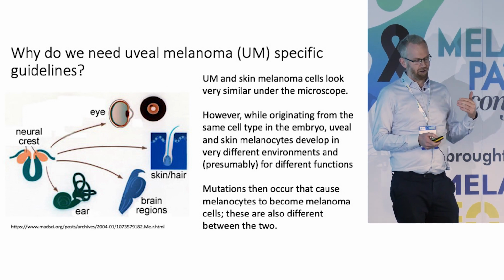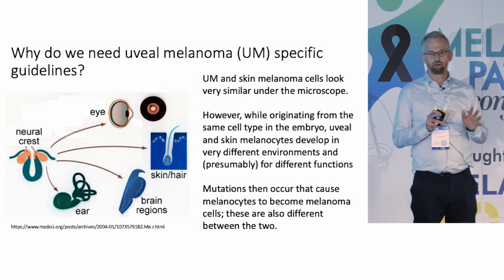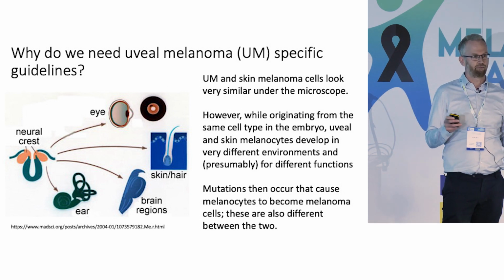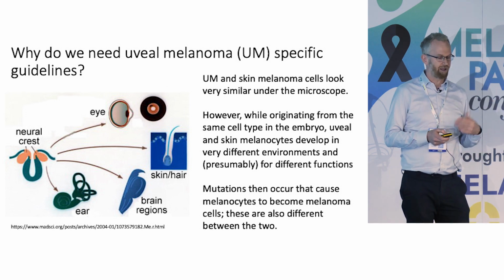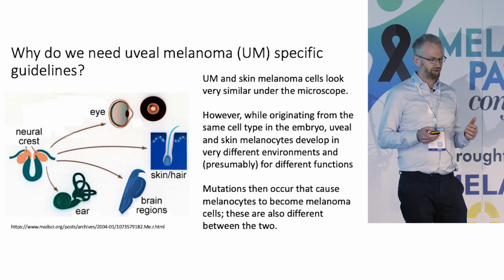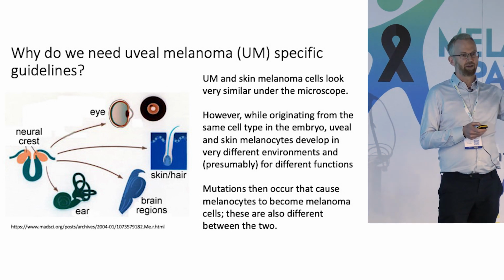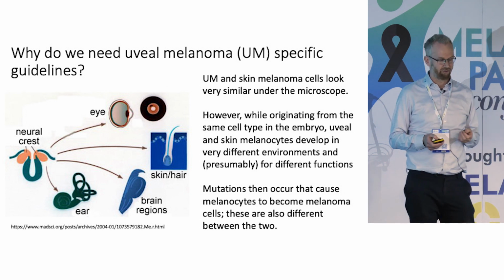But although they originate from the same part of the embryo, that's the neural crest, and then they migrate from there into the parts of the body where they have their function, they then diversify. So they look quite different in terms of the melanocytes that you would see within the uveal tract versus the ones in the skin.